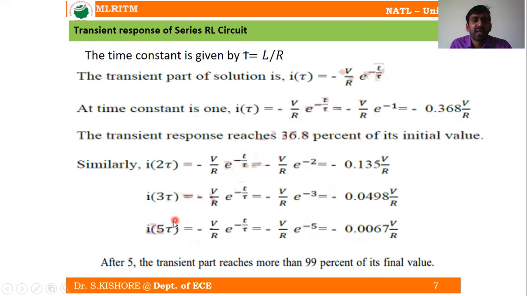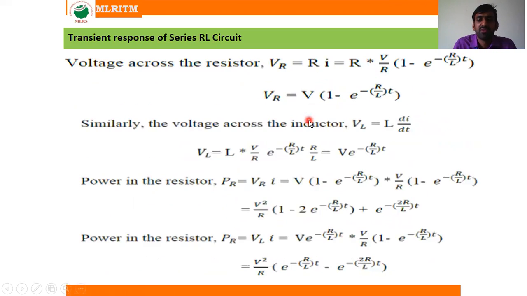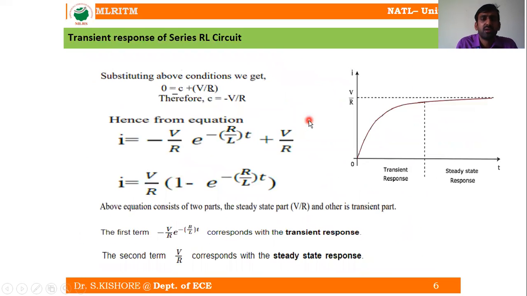But if we take the complete value, which includes the steady state and the transient value, that is nothing but V by R into 1 minus e power minus R by L into T, the previous expression. Now if we analyze the same expression with respect to the time constant, we can have different values.